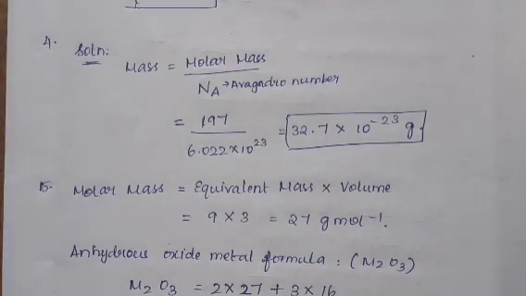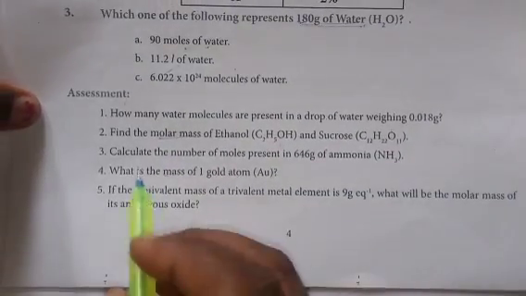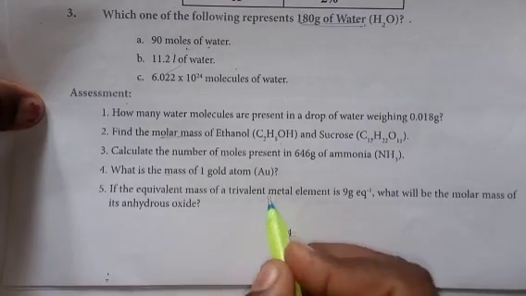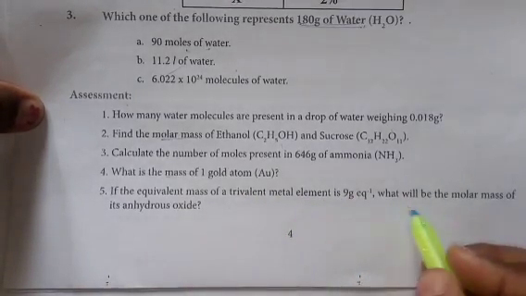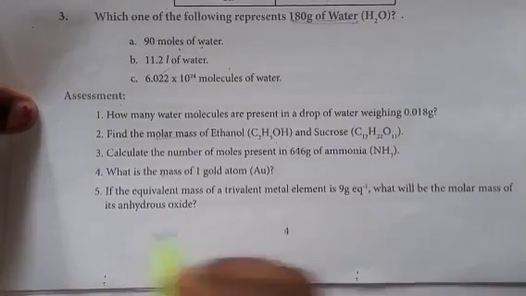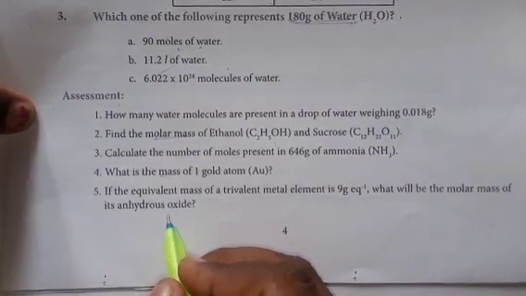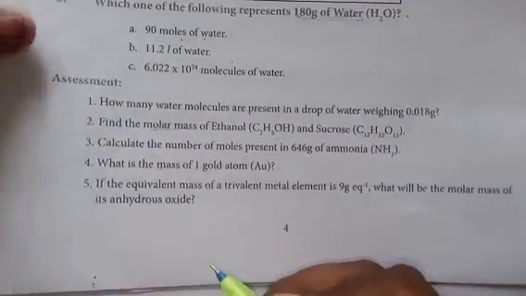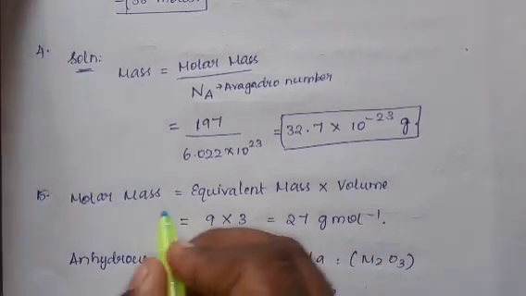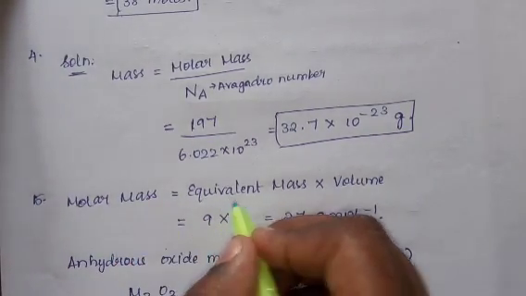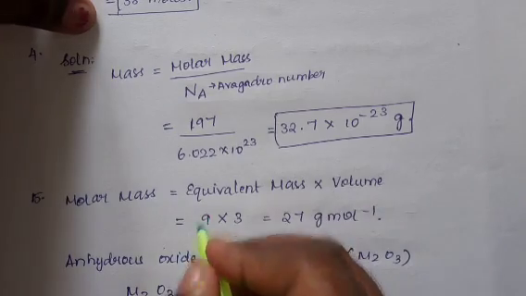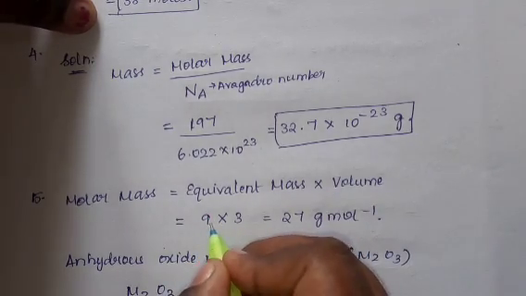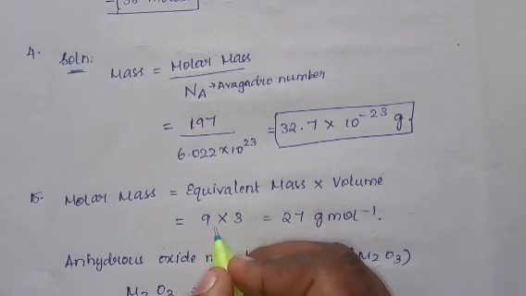Next, fifth question. If the equivalent mass of a trivalent metal element is 9 gram, what will be the molar mass of its anhydrous oxide? So, for molar mass, what is the formula? Equivalent mass into valency. They have given equivalent mass 9.